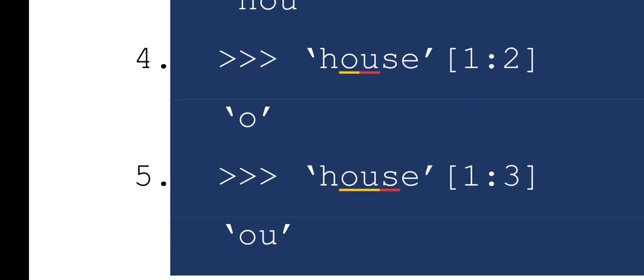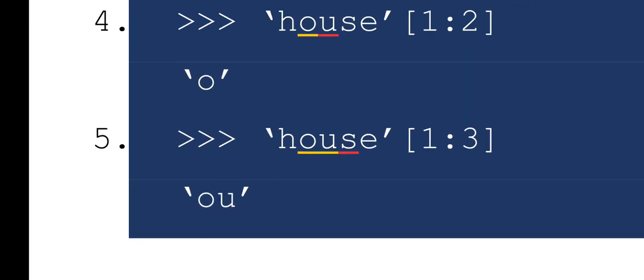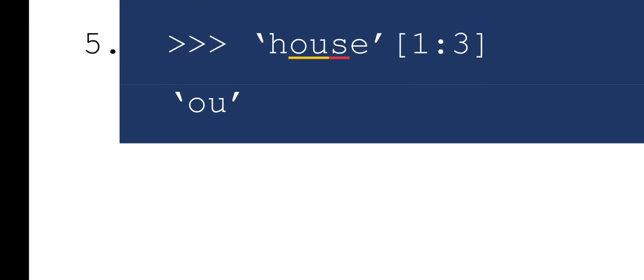And this is example 5. In the same string house, what we have in the pair of square brackets is 1 colon 3.